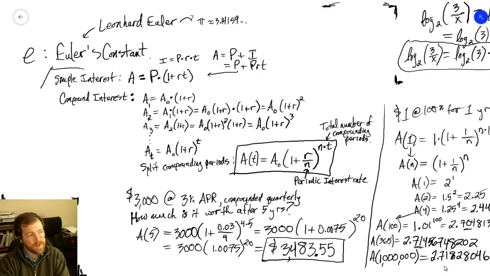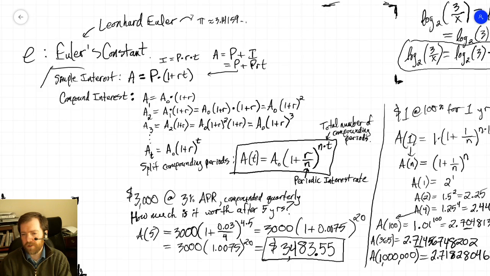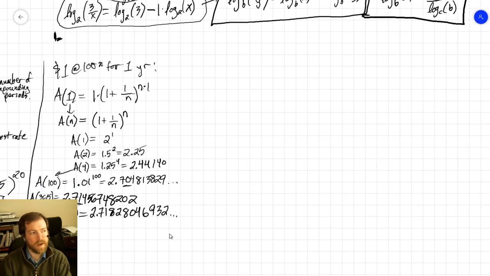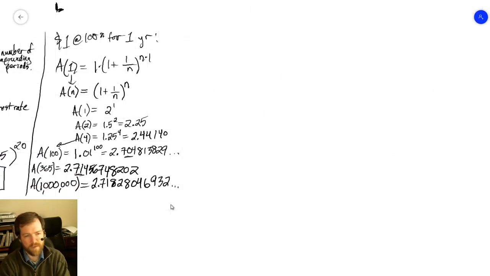Okay, so as we start looking at larger and larger values, what Euler did was he found the limit as n goes to infinity of 1 plus 1 over n to the n.